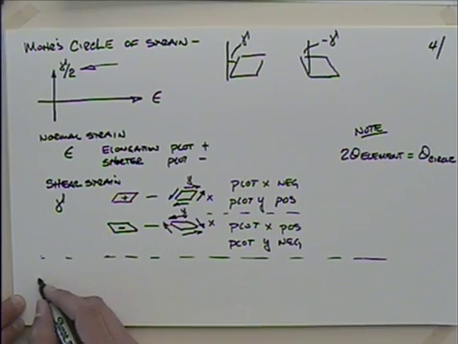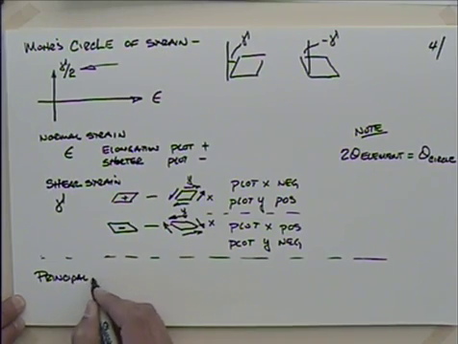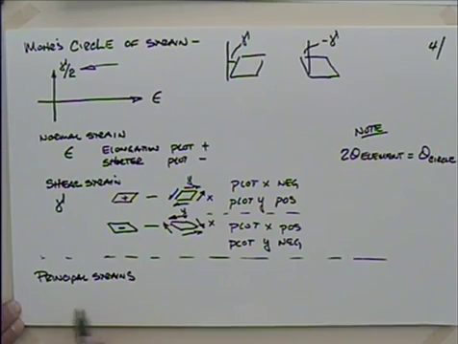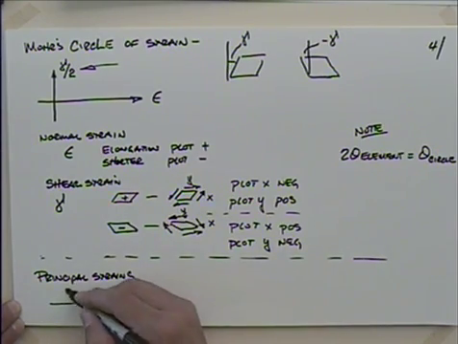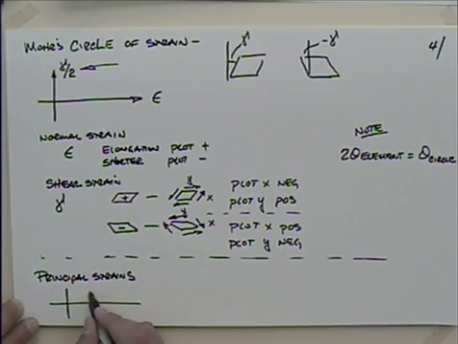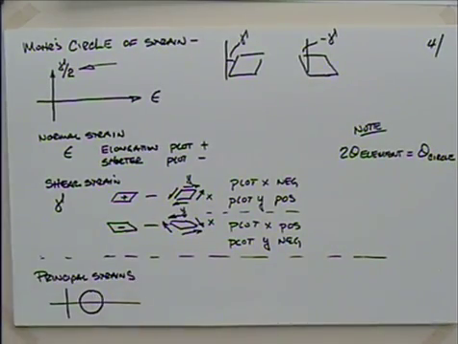Well, let's see. We're going to have principal strains, right? If I were to look at a circle that's sitting out here like this, where would those principal strains be? Well, they'd be located right there and right there, where you have no shear strain.